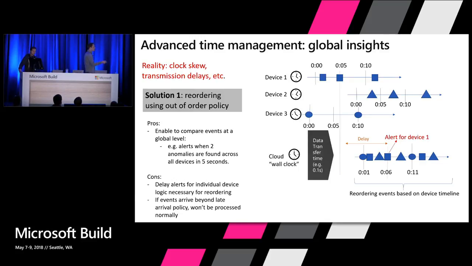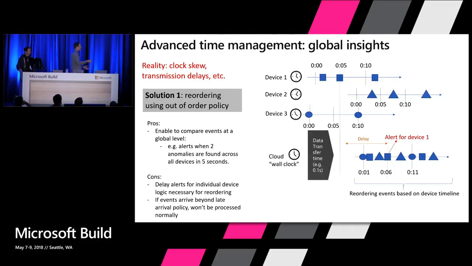But you can already see, if you need to reorder or wait for all the events to reach the cloud, you actually add some delay for the outputs, for the alerts. And now instead of alerting 1 second later, I'm actually alerting at least 10 seconds later because I have to wait for the latest of the devices.